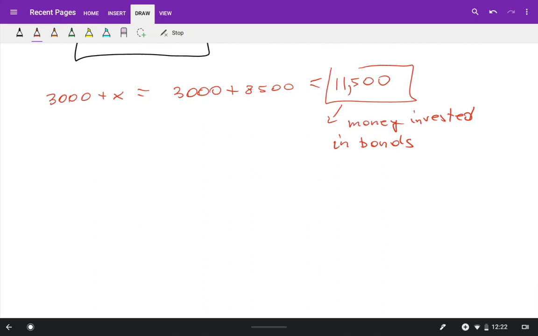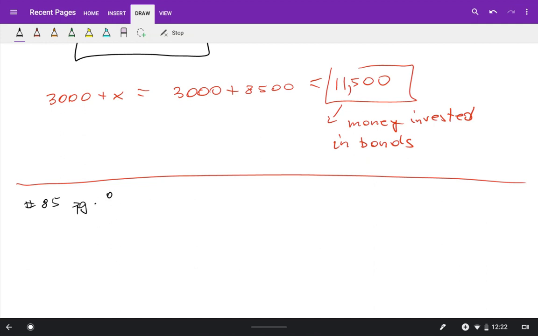Okay, so let's do another example, more word problems. The next one I'm going to solve is number 85. I believe it's also from page 91 in your textbook.